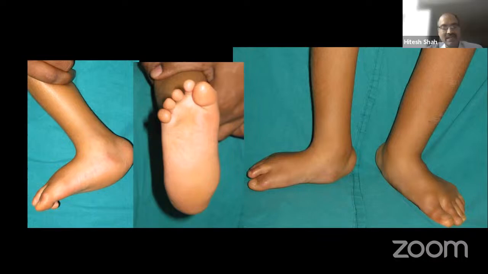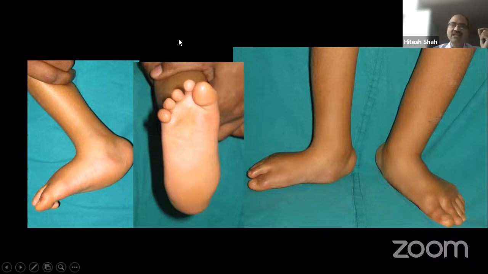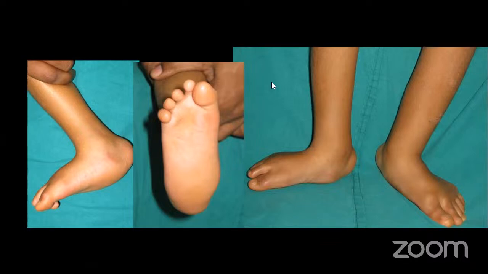So what is the difference between the vertical talus and the clubfoot? Both have manipulation and casting as the treatment of choice. In the clubfoot, we all learn that the gold standard is the Ponseti technique. In the vertical talus, it is the reverse Ponseti.